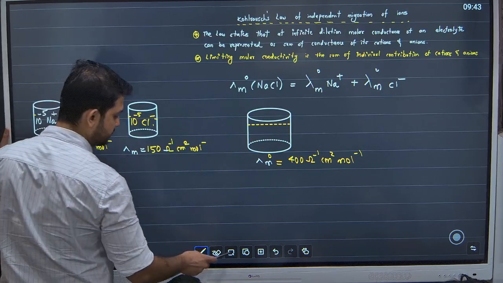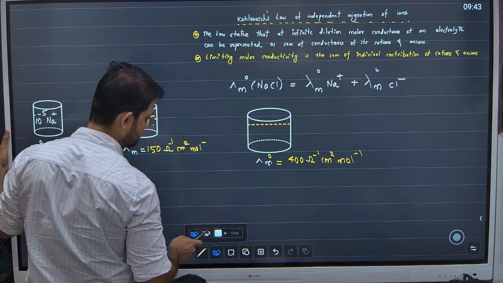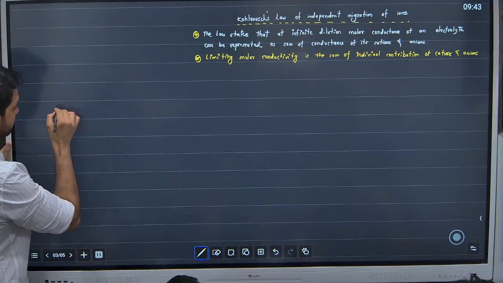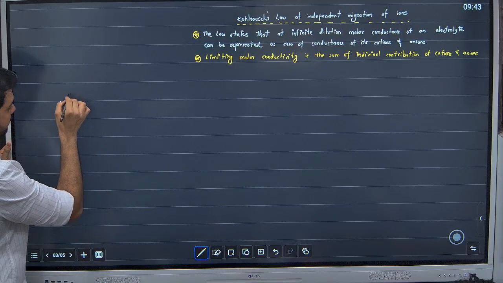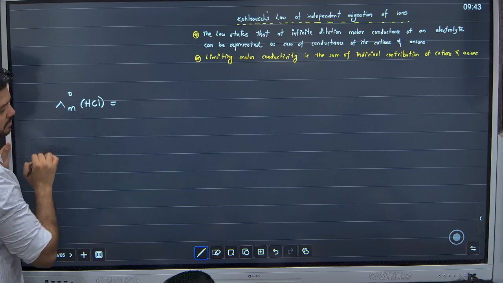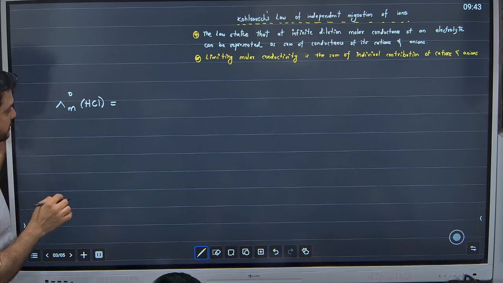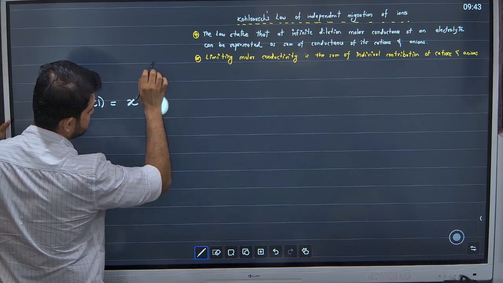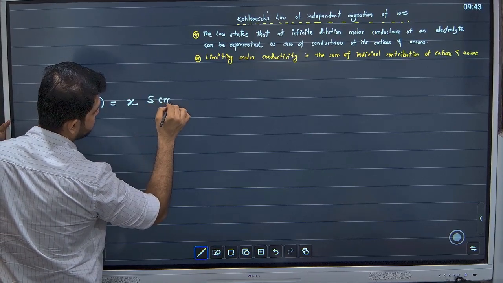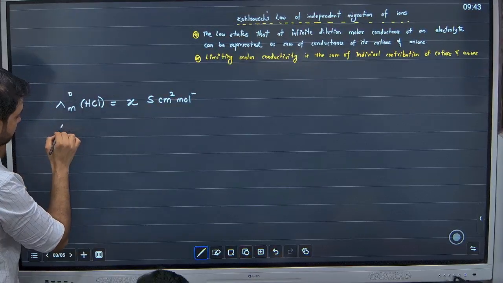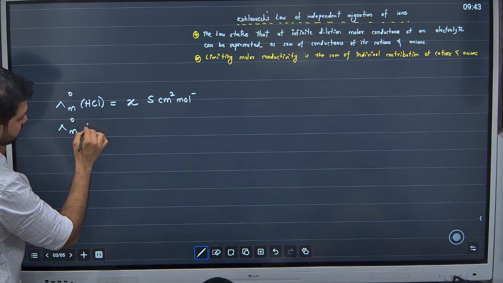Now its most important advantage is something like this. Let's say I have the limiting molar conductivity of HCl. Let's say that is X Siemens ohm inverse centimeter square mole inverse. Then I have the limiting molar conductivity of NaCl.